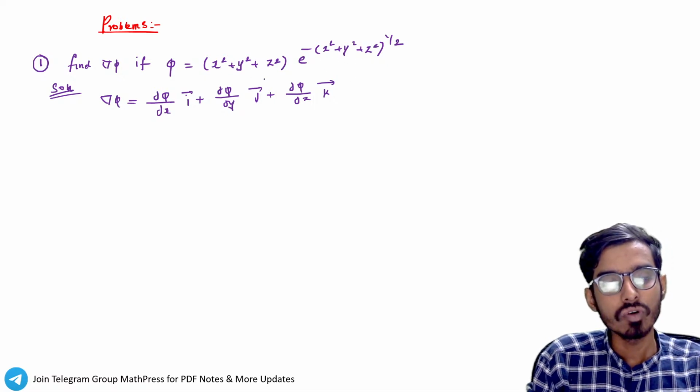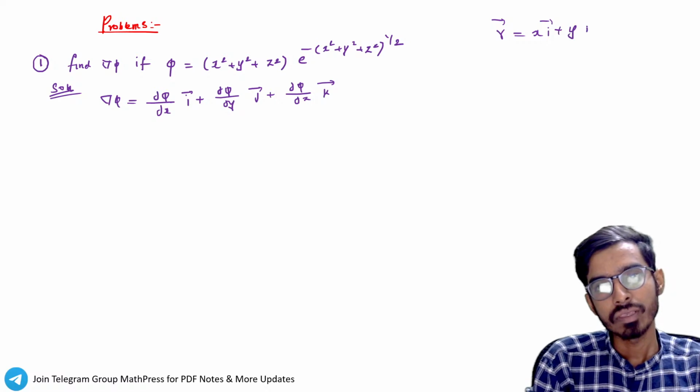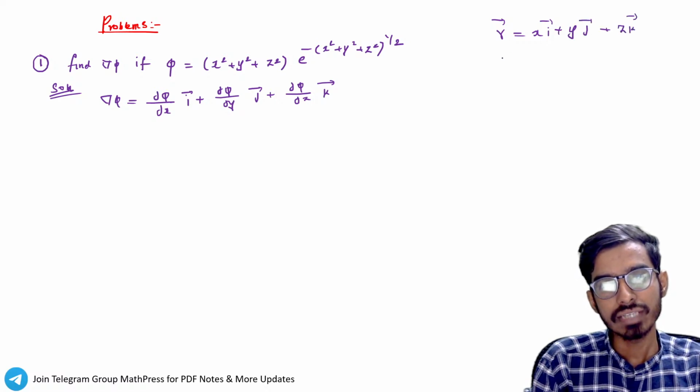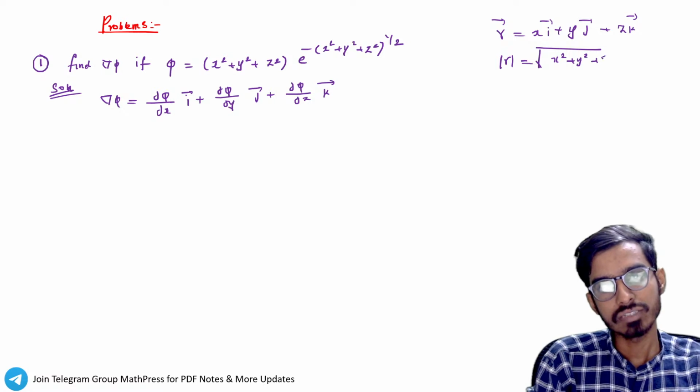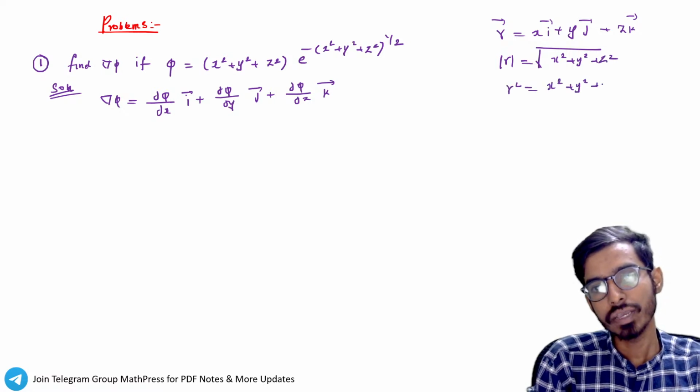To make it easier, we know that if r vector is equal to xi plus yj plus zk, then modulus of r is root of x square plus y square plus z square. That means r square will be x square plus y square plus z square.